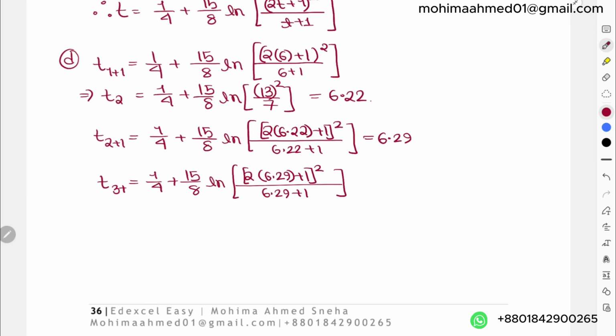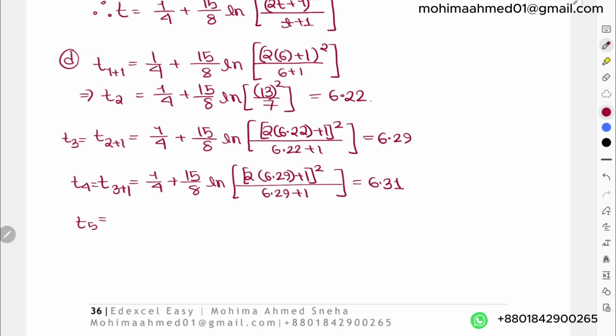You have already written that entire expression in your calculator, so you just have to change the value from 6.22 to 6.29 and that will be enough. So you get from there 6.31. This is the value for your T4, right? This was T2, this is T3, this is your T4.